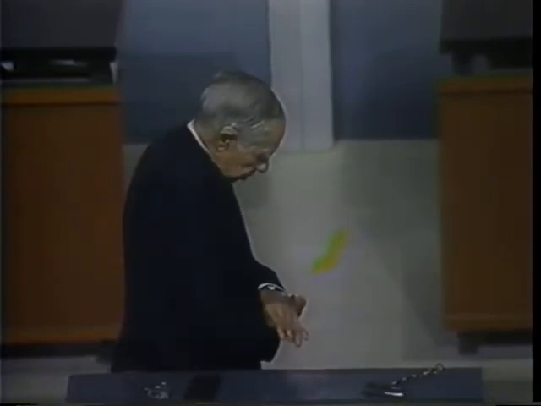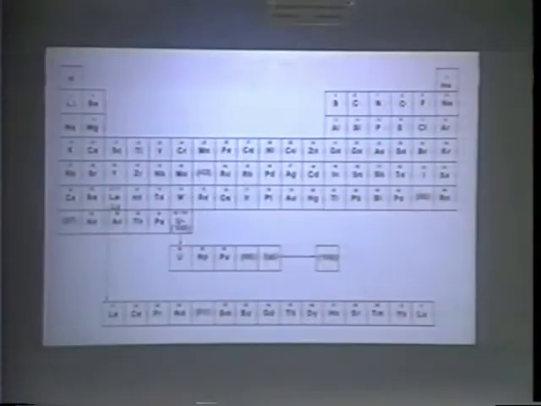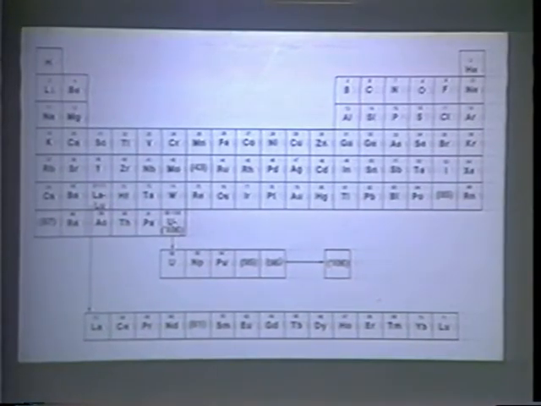Then we got to the point where I could have some of the people working on the problem of trying to find the next two elements, and we thought that we had solved the problem of how to predict the chemical properties, because, as I told you, the chemical properties of neptunium and plutonium are like uranium.